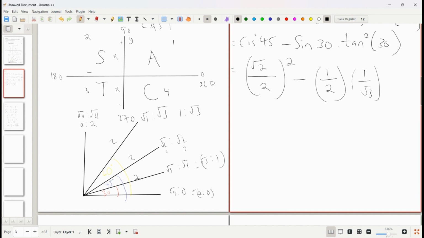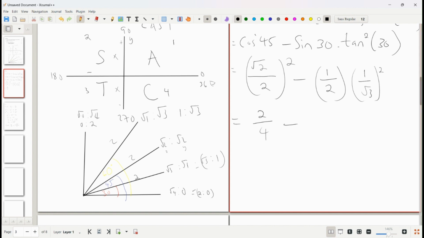We must not forget that for the tan, we need to square. We need to square this one here. So if we simplify further, we have square root of 2 divided by 2 squared. This will be 2 divided by 4.